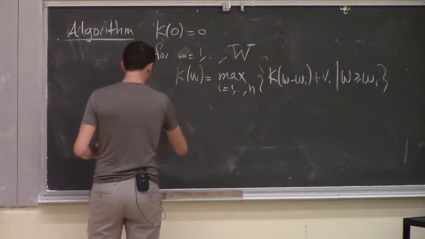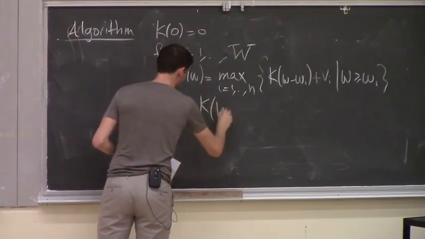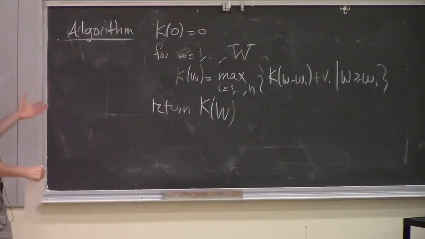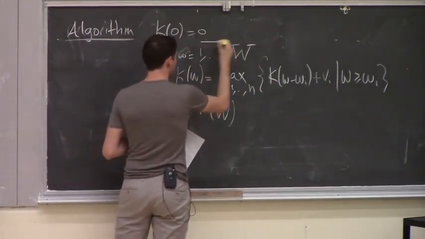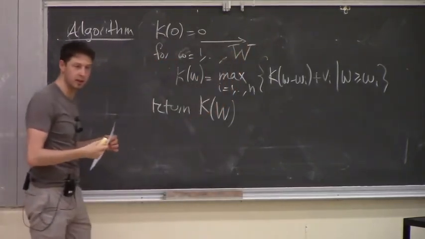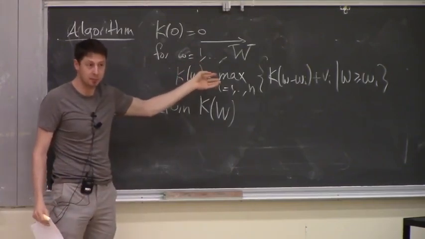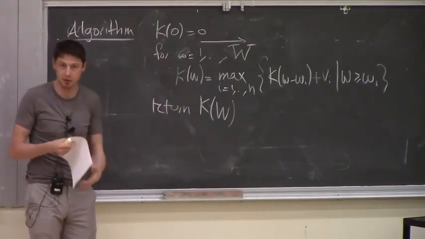And then we're going to return K of W. Now, not much new has happened. The main thing, notice, is that we are going in this order. We're solving first the smaller subproblems so that when we get to the bigger subproblems, we already solved the earlier ones. That's the main thing of this algorithm.